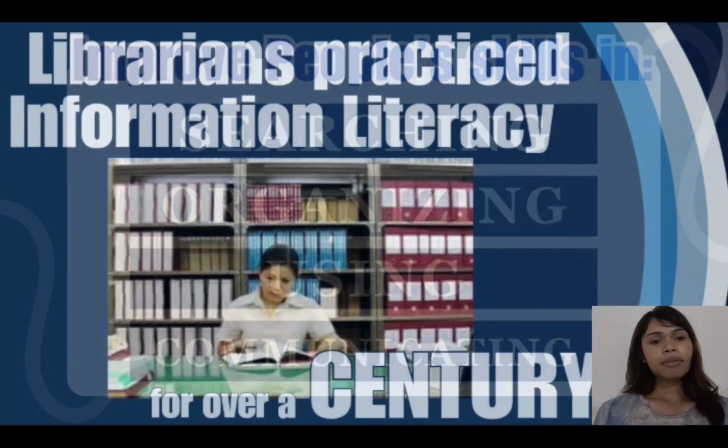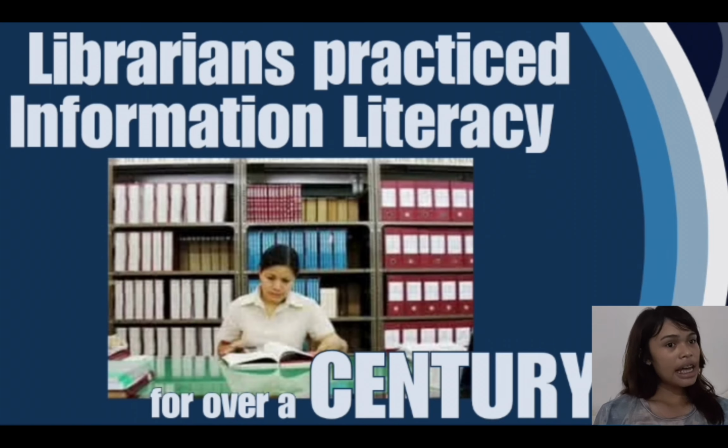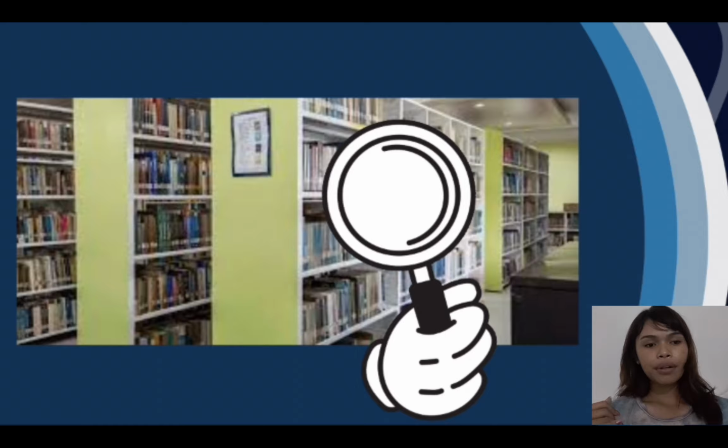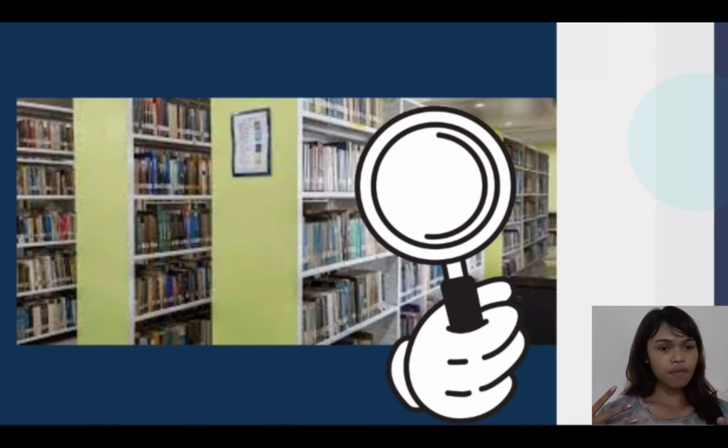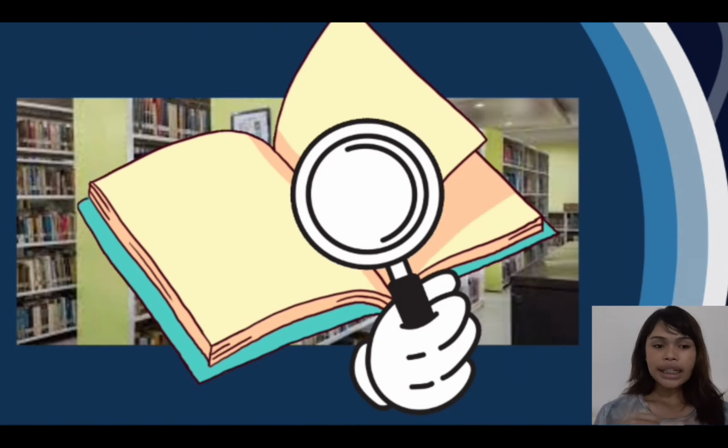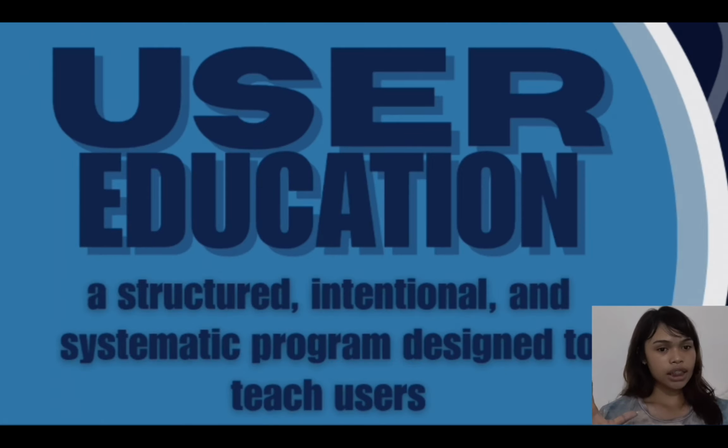However, even before the term existed, librarians had already been teaching the skills for a long time, where they practiced information literacy for over a century. In the past, libraries helped people learn how to search for books and information through activities like library instruction, and this was often called user education.